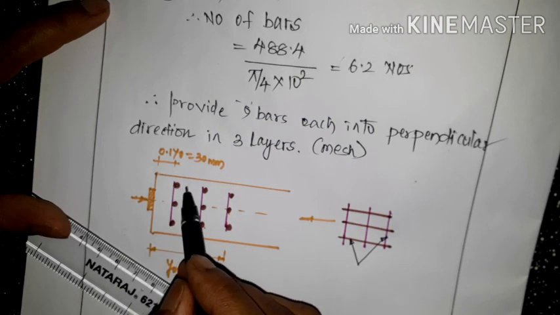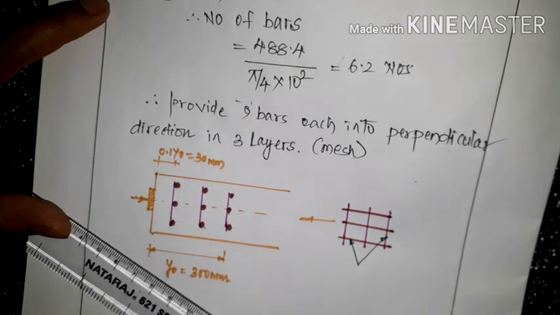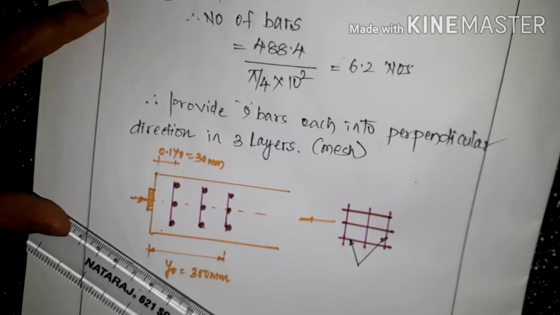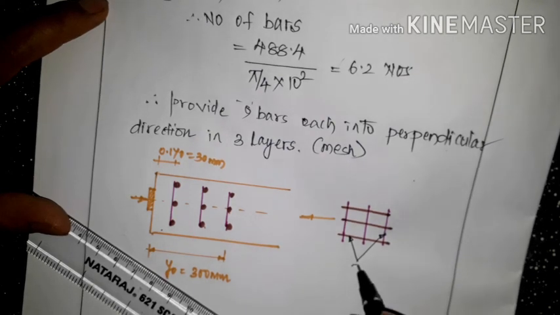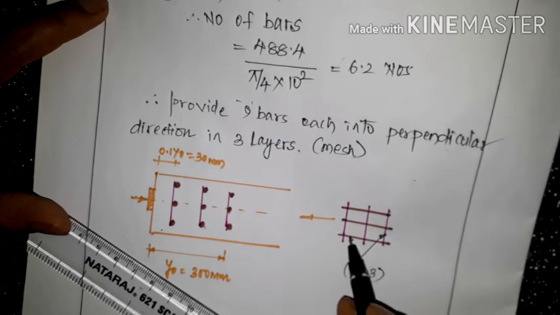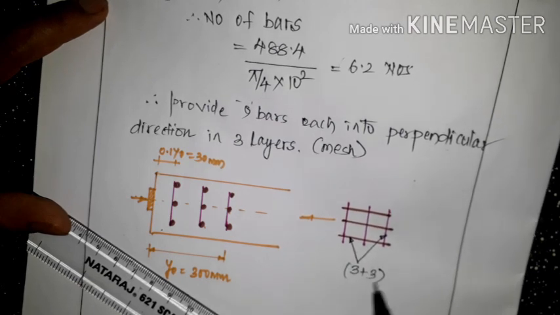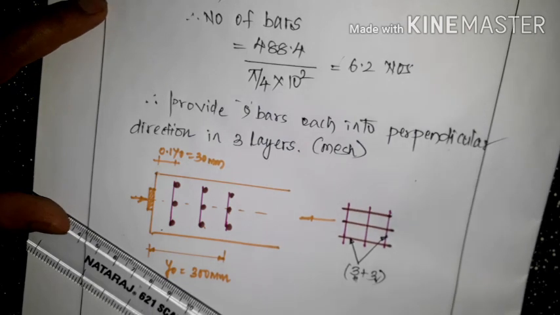So 3 bars vertical in 3 layers, 3 bars horizontal in 3 layers. So how many? 9. 9 bars in each direction. So 9 vertical, 9 horizontal. Okay, so these together are 3 plus 3. So 3 horizontal, 3 vertical. So I can write 3H and 3V.